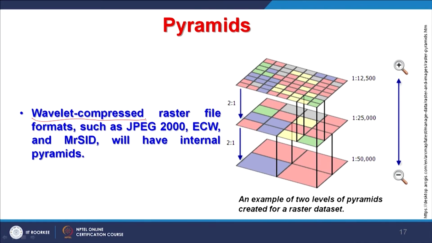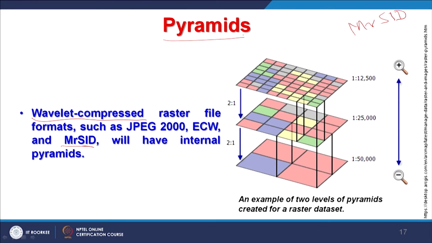Now this also uses the wavelet compression technique, and this can be applied for various formats. MrSID, as I have said, is also the format of your Google Earth data, and that is why many high resolution images on Google Earth are displayed very fast. So they are using one, the MrSID data compression technique, and another, the pyramid.